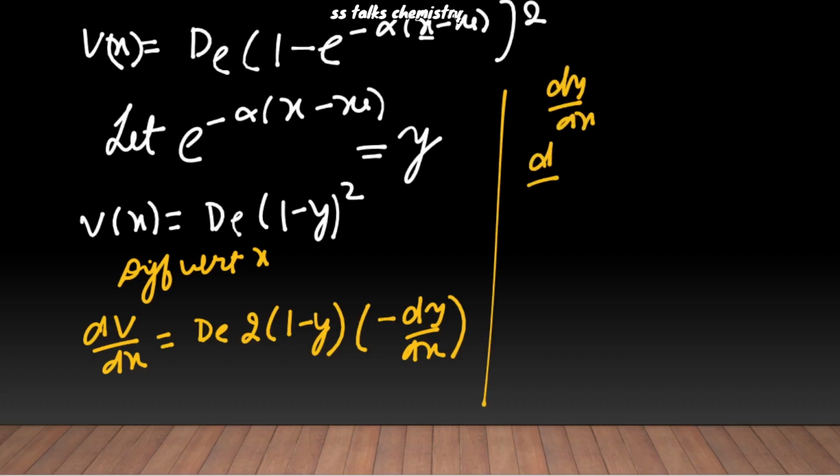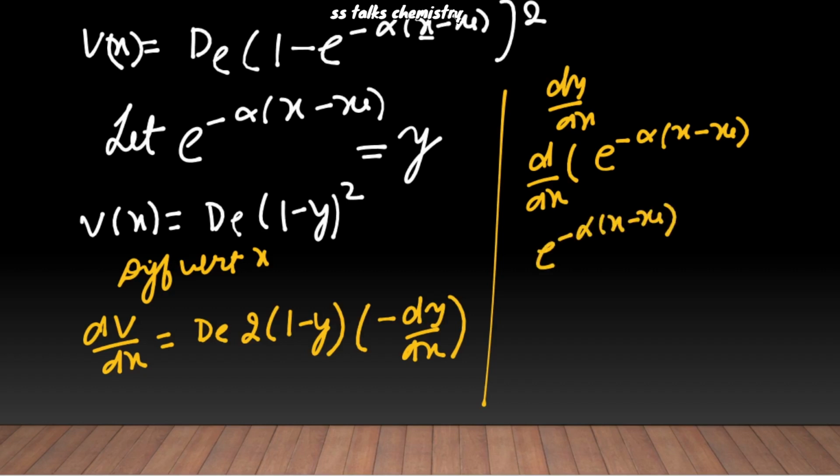Okay, now this value of dy by the dx, this you need to find it out. So d by the dx of the y value that you assumed it, e raised to the power of minus of alpha x minus of the xe, right? Now do its differentiation, e raised to the power of x, e raised to the power of x only, so x minus of the x, it will be there. Now the power that you are having, minus of the alpha into the x minus of xe, this too you do the differentiation with respect to x, we get minus of the alpha only.